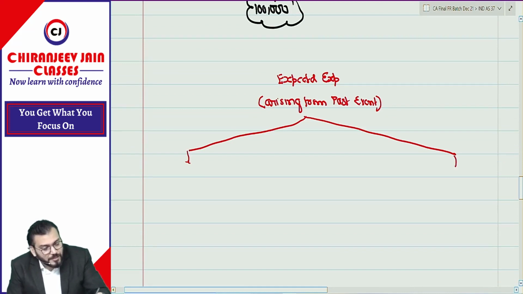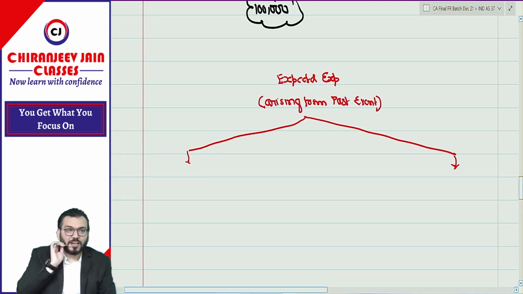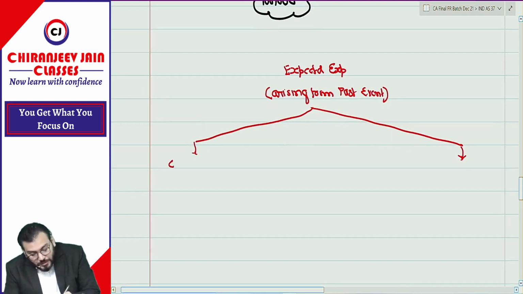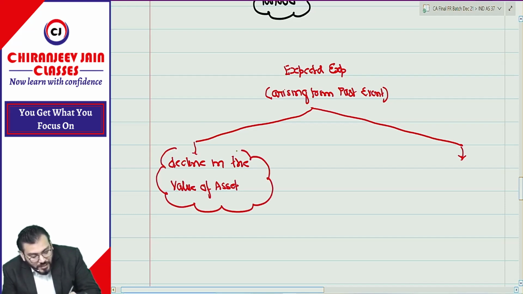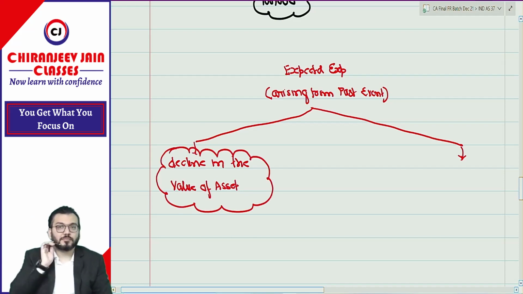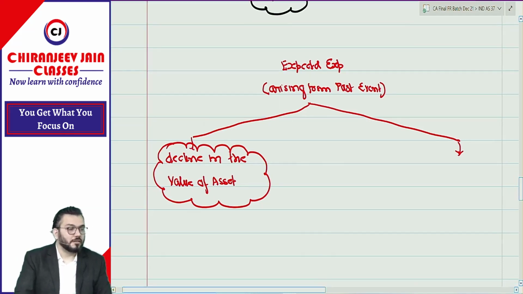Correct? Now, can I say expected expenses can be due to two reasons. What can be the possible reasons? One is due to decline in the value of what? Value of assets. Yes or no? Decline in the value of assets. Correct?